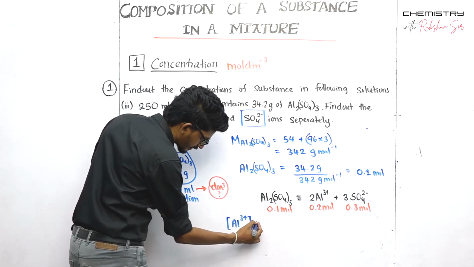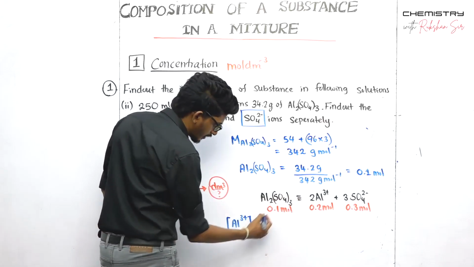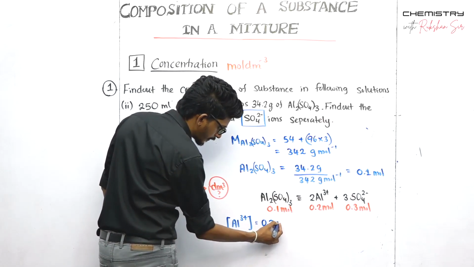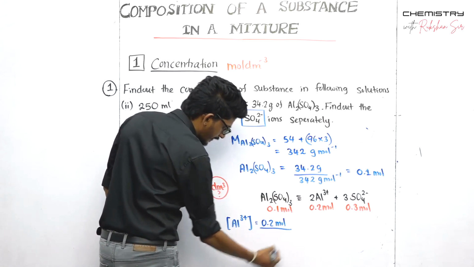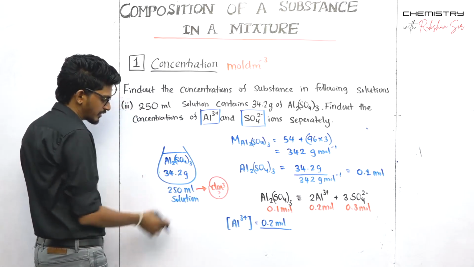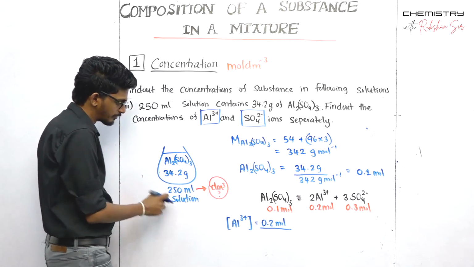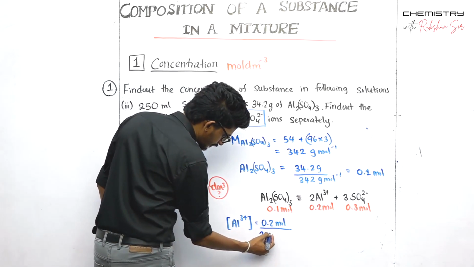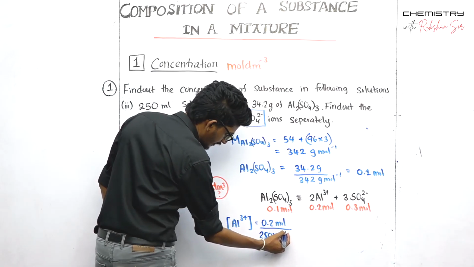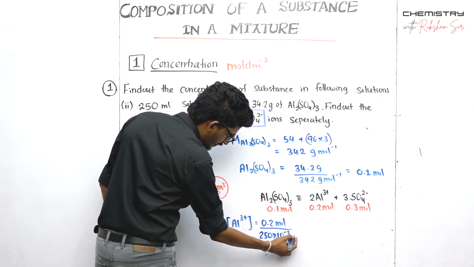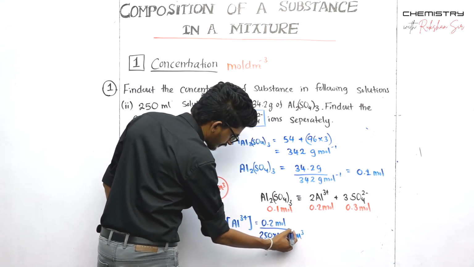can be written as the moles value of aluminum 3 plus, 0.2, divided by the dm^3 value of the solution. So the dm^3 value is actually 250 into 10 to the power minus 3 dm^3.